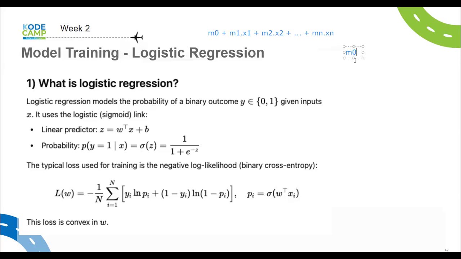So we now have this vector of M0, M1, M2, M3, and it just continues like that until you get to Mn. This vector is a vector of coefficients, and this vector of coefficients is what we now call parameters. Those are the parameters of the equation.